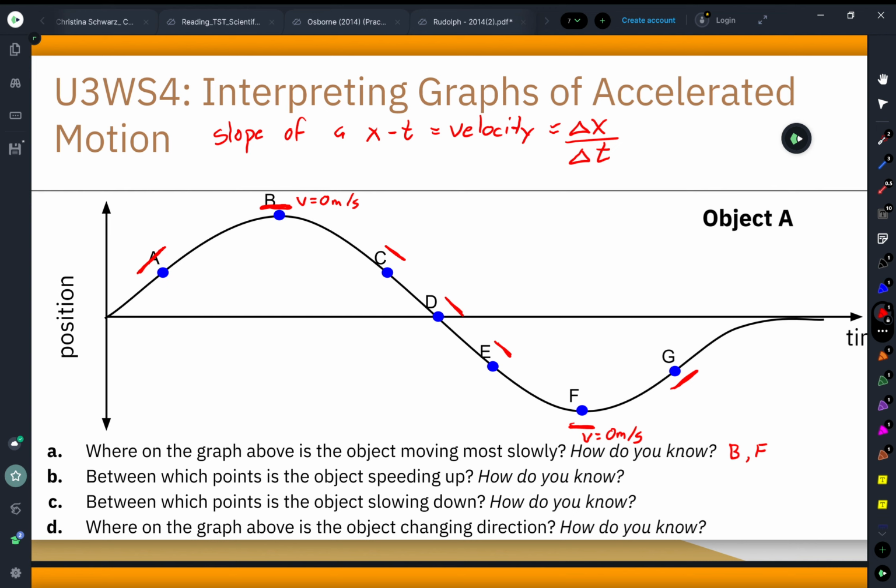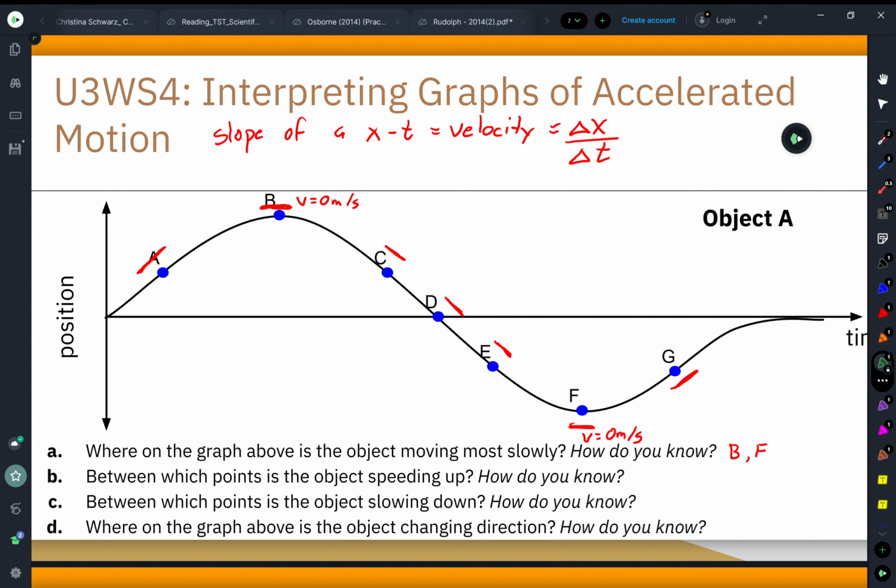For part B, between which points is the object speeding up? Well, speeding up means that the velocity is getting further and further away from 0. Or, on this type of graph, it means that the angle is getting steeper and steeper. We know at A, the object is moving. It has a positive slope.